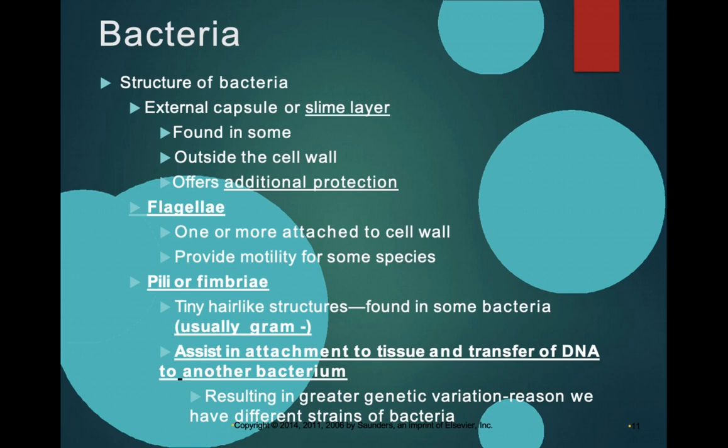And some have fimbriae, or pili. These are tiny hair-like structures found in some bacteria, typically the gram-negative. They assist in attachment to tissues, and they transfer DNA to another bacterium. This results in greater genetic variation.